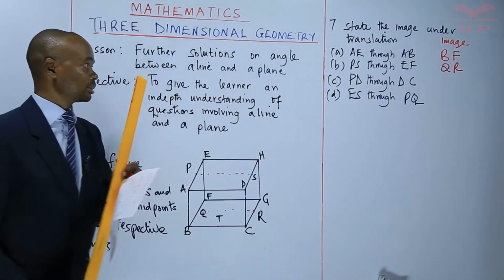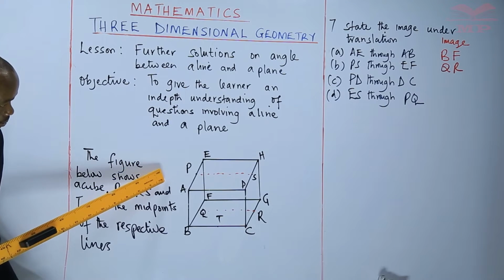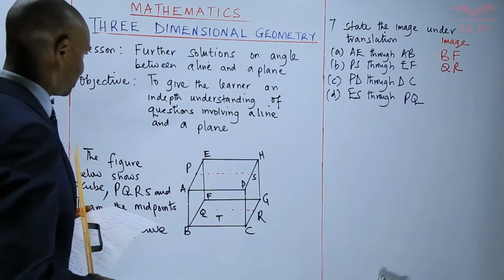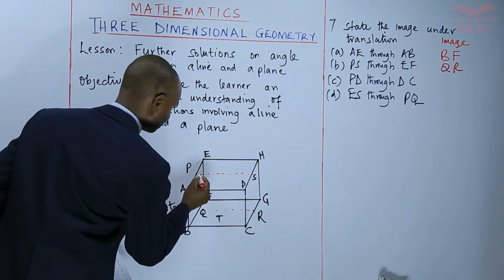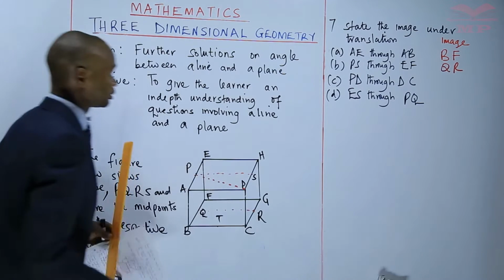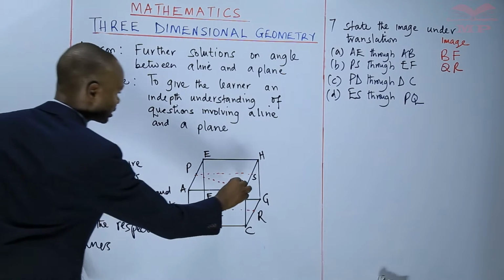Note that carefully. They are now telling me PD through DC. This is the distance they are talking about.